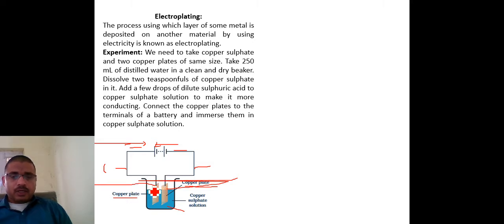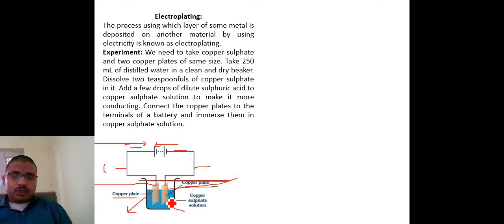The color of the plate gets deeper and deeper as the electrons are moving from here, and the color of this plate is basically painted.